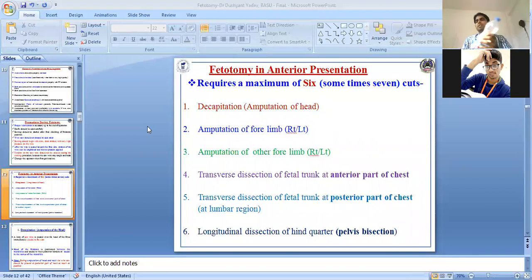If this is the fetus in anterior presentation, then we use 6 cuts: decapitation of the head, then both forelimbs, then the transverse cut in the anterior part near the posterior part of the scapula, then from the last rib, and then bisection of the pelvis. Okay.